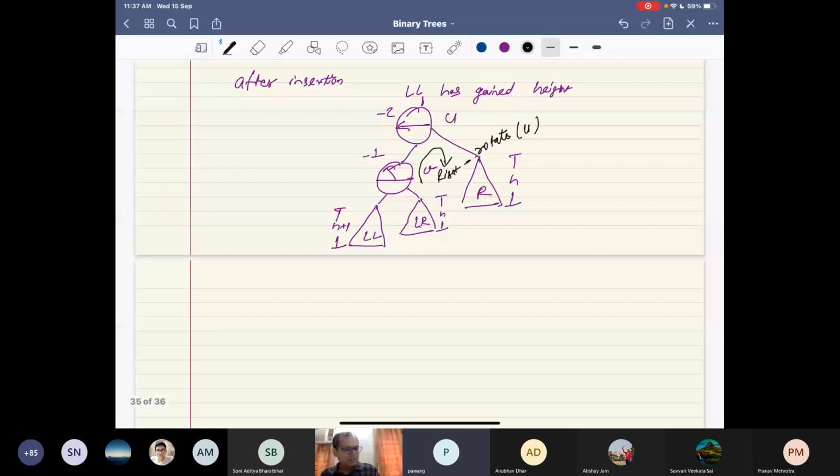Let me just give you the final answer of this. So you will have V here, and U becomes the right child, and R remains the right child of U. Sorry, U's left child becomes LR.